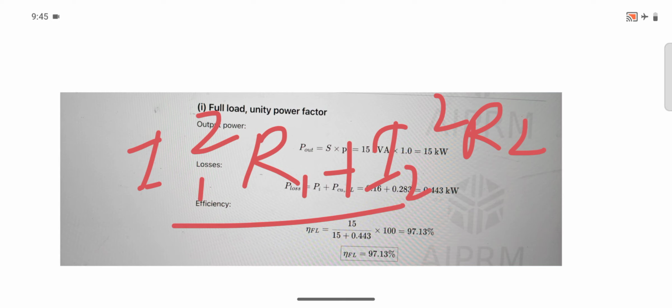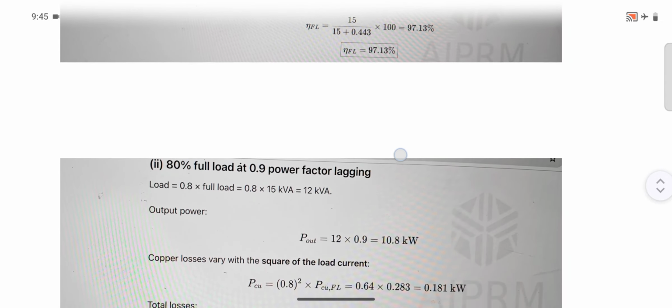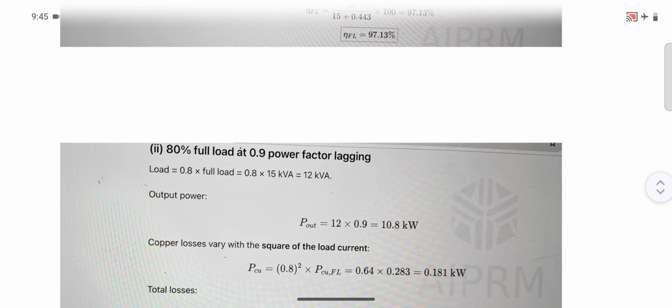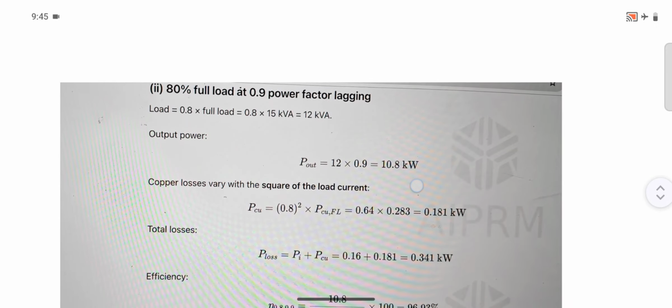Thus we have calculated the efficiency in the condition of full load at unity power factor. Now next, 80% full load at 0.9 power factor lagging.